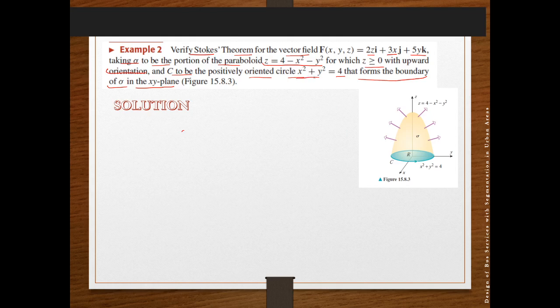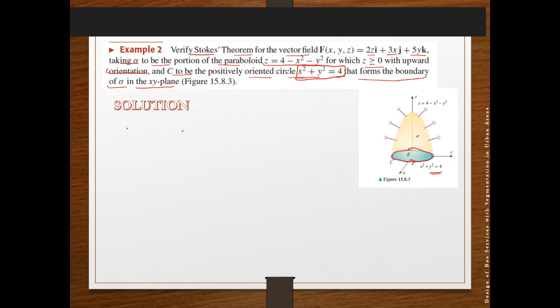So here our curve C is x square plus y square equal to 4. That is C, right? Now we will do it by the direct method, and we cannot use Green's theorem because it's in three-dimensional space.